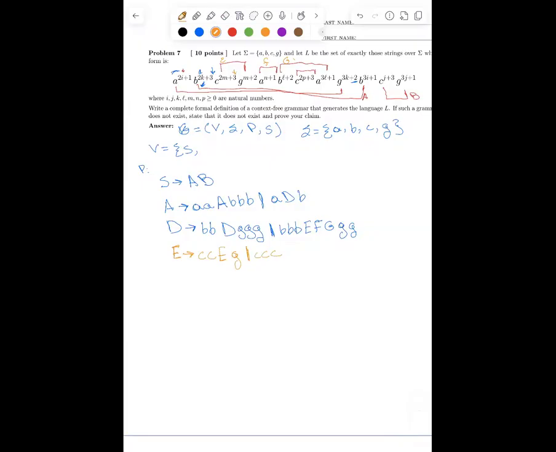And because there is nothing internally of E, I'm not gonna use any letter between them. I'm just gonna end it. So I have three C's and two G's. Then I move on with my F state. And I see that it's just 1A, or I can get again 1A.